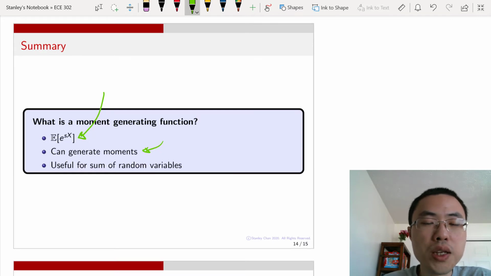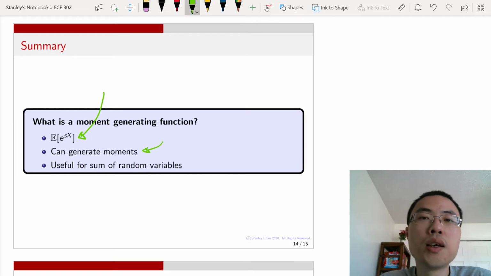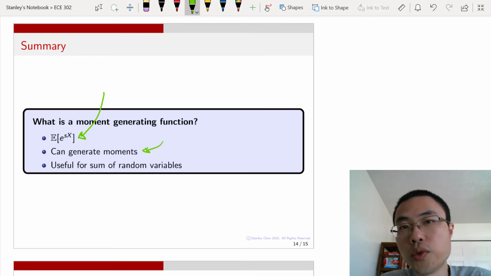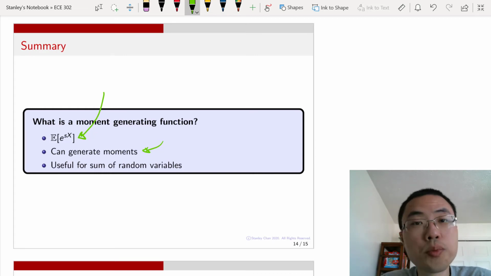Now, they are really, really useful when you try to handle a sum of many random variables. This result will be useful when you deal with X1 plus X2 plus all the way to Xn. And when we talk about the central limit theorem, we can in fact use the moment generating function to prove one version of the central limit theorem.